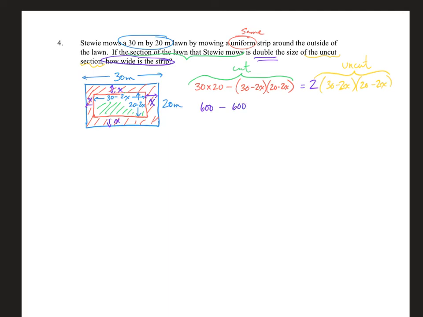So I get 600, and then a minus 60x and a minus 40x and a plus 4x squared. On the right side, I have my 600 doubled, 1200. I have a negative 60 and a negative 40, so that's negative 100, negative 200. Then I have a positive 4 doubled, 8x squared. And there's the expansion of that line.